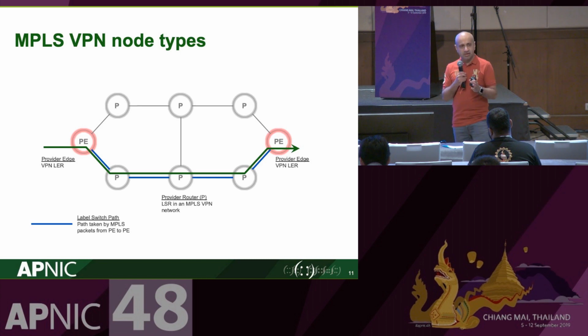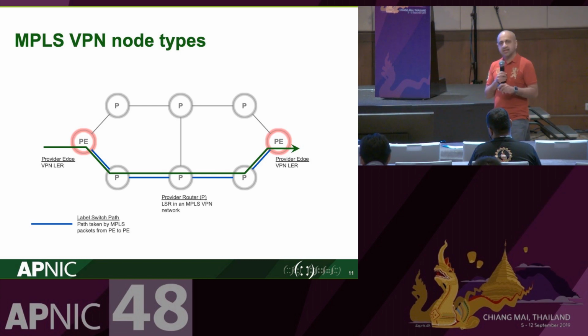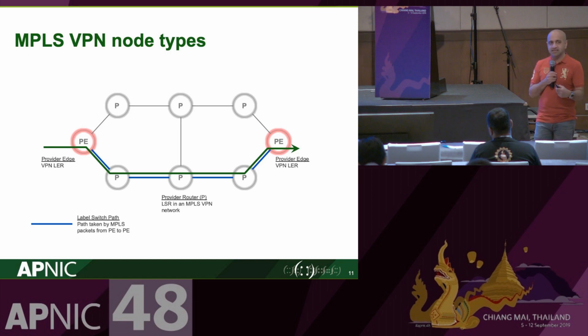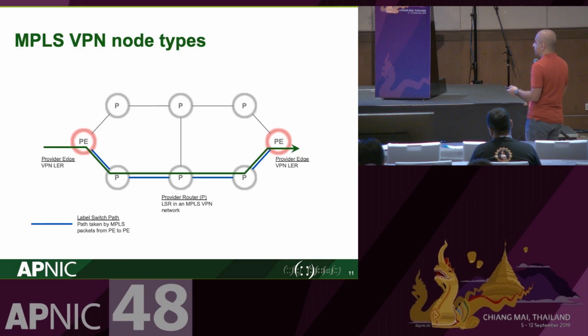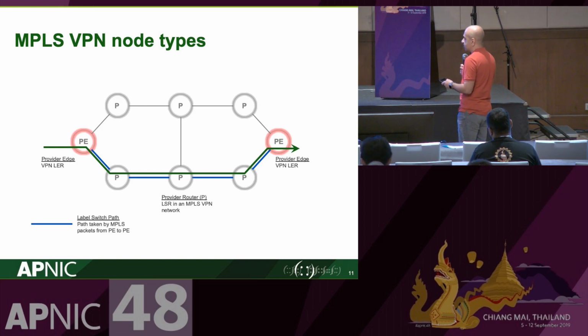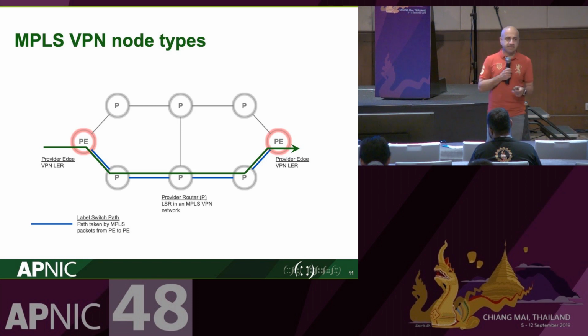But just so that, if you do come across this terminology, they're kind of used interchangeably, but technically speaking, the PE and P terms are VPN terms. So PE is a LER. The P is an LSR.